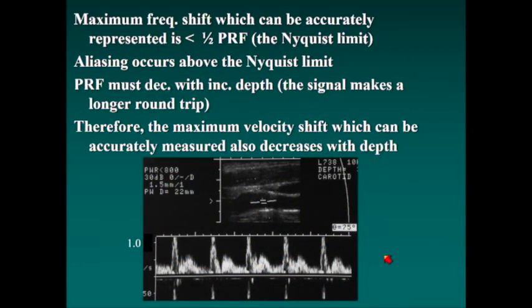What you might not be aware of is that every time you look at a Doppler image, you are actually looking right at this Nyquist limit. That's the limit at which aliasing occurs. Here it is on the spectral Doppler, right here in this scale, and in color Doppler, it's on the color bar.